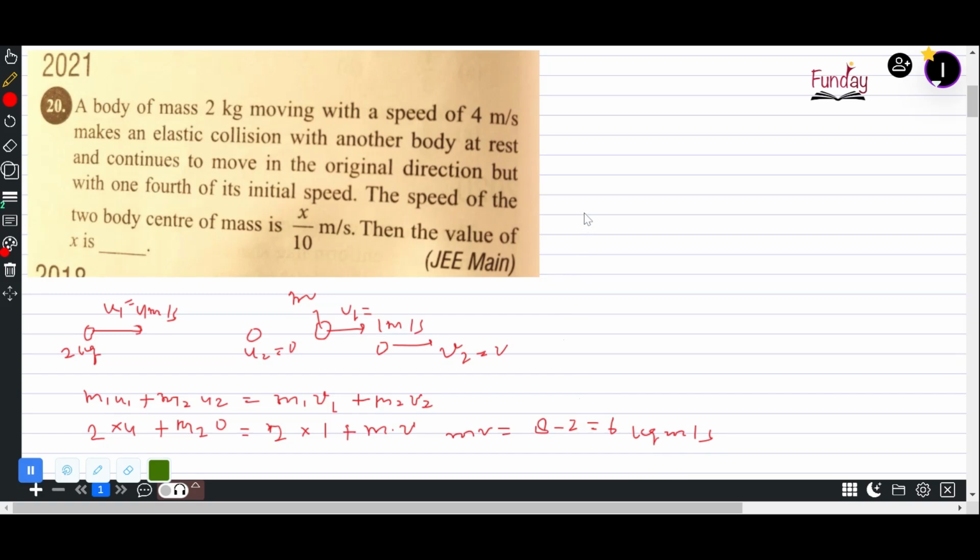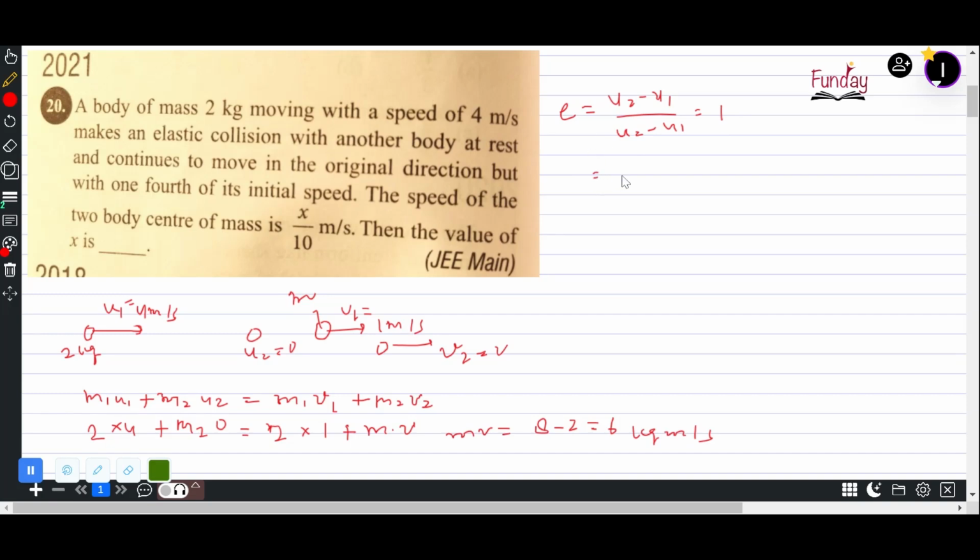Right. Now we will apply the coefficient of restitution, because this is a perfectly elastic collision. The coefficient of restitution says that the relative velocity post collision and pre collision would be 1.